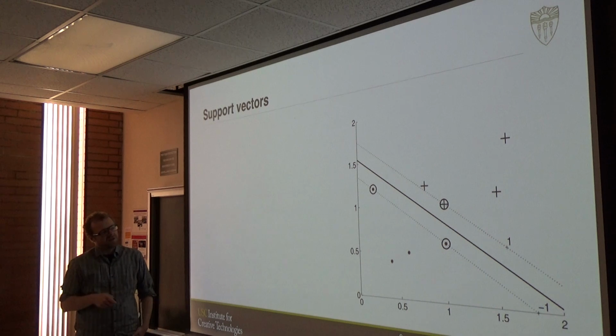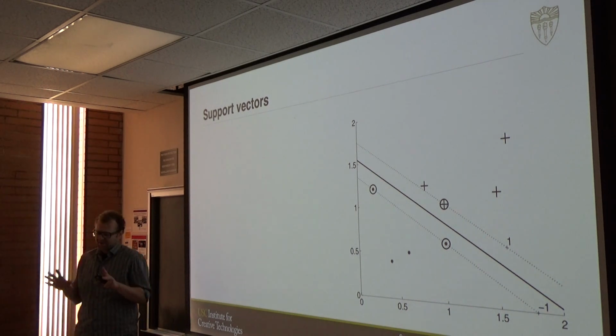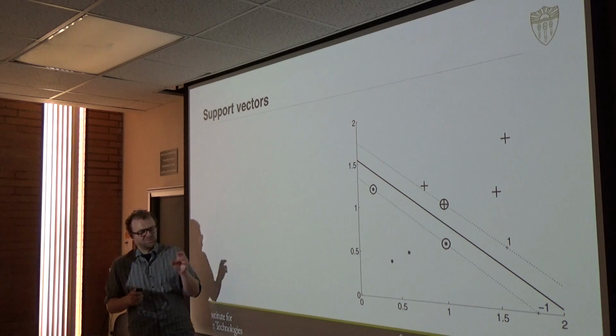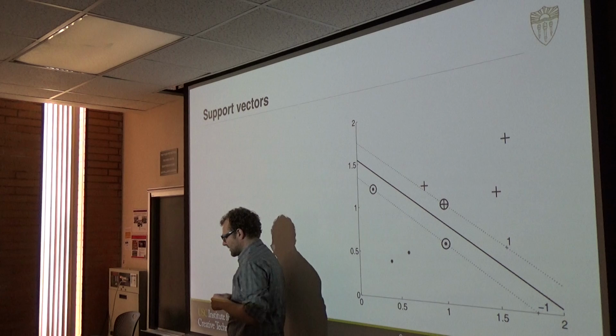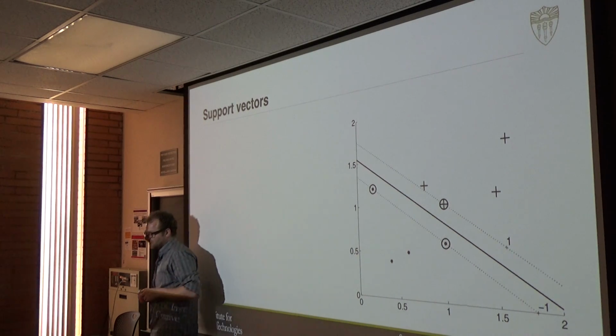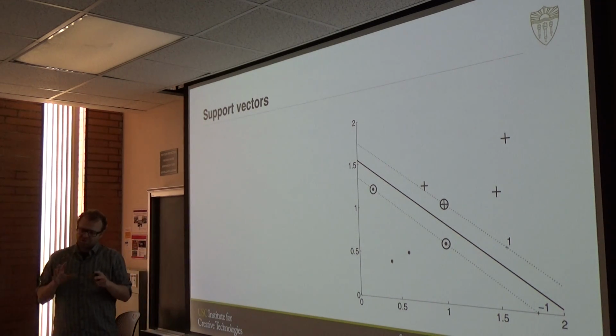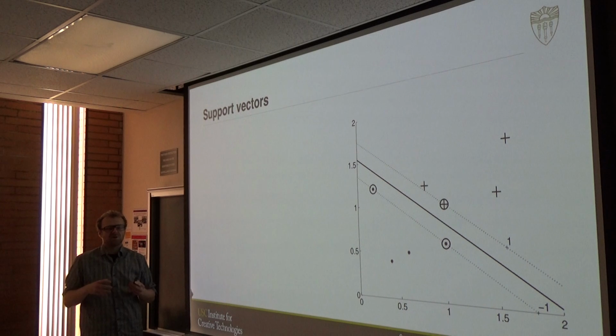What would happen if we had a ton more data points here, a lot more data points here? So what I'm trying to get at is, if the support vector machine is only defined by, let's say, 3 data points, that is an indication that it might not be too complicated to separate these two classes.